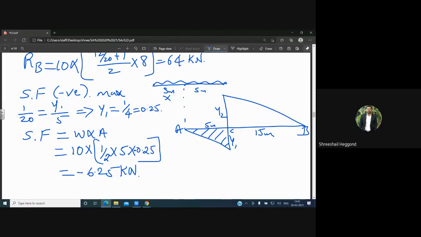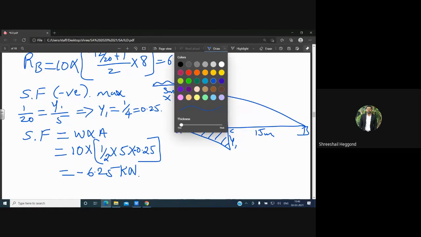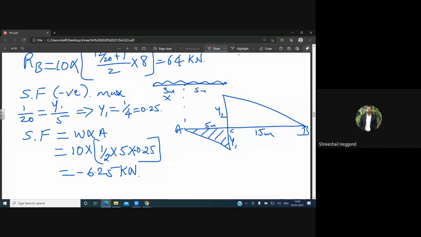Number 1. For the right hand side, for positive shear force, if the loading condition is towards the right of this one, I will draw with another color. Here a 10 kilonewton load is acting for a span of 8 meter. Y2 and Y3 you can calculate.